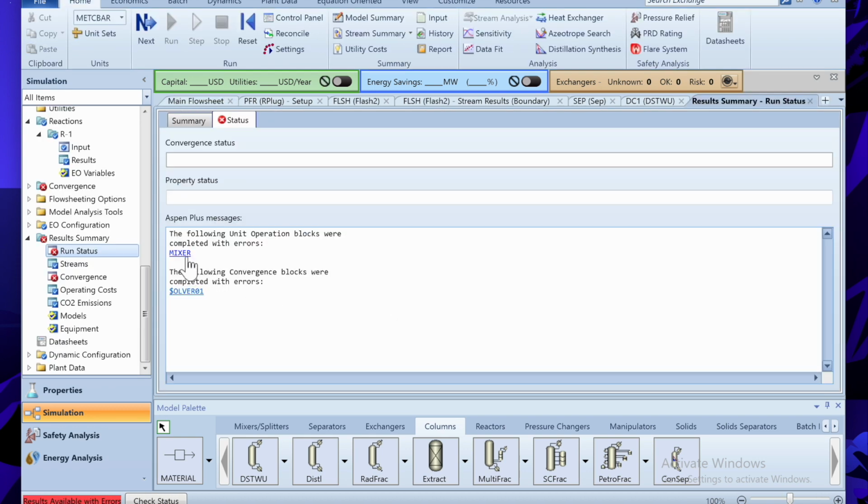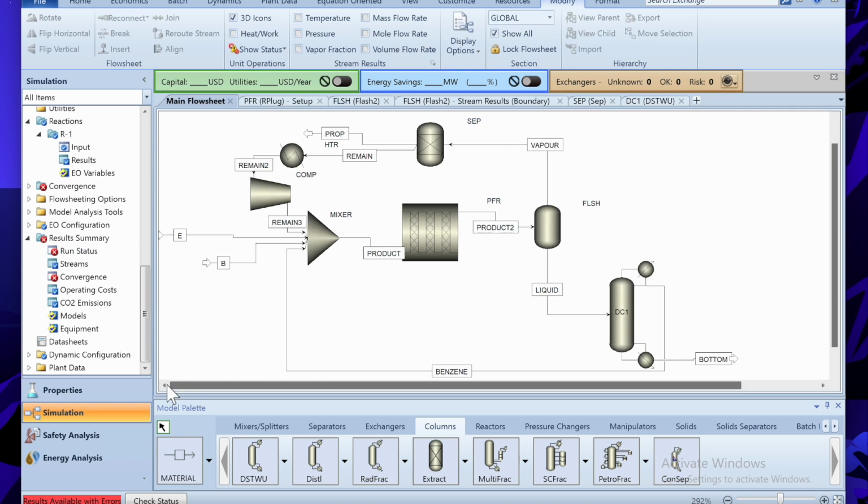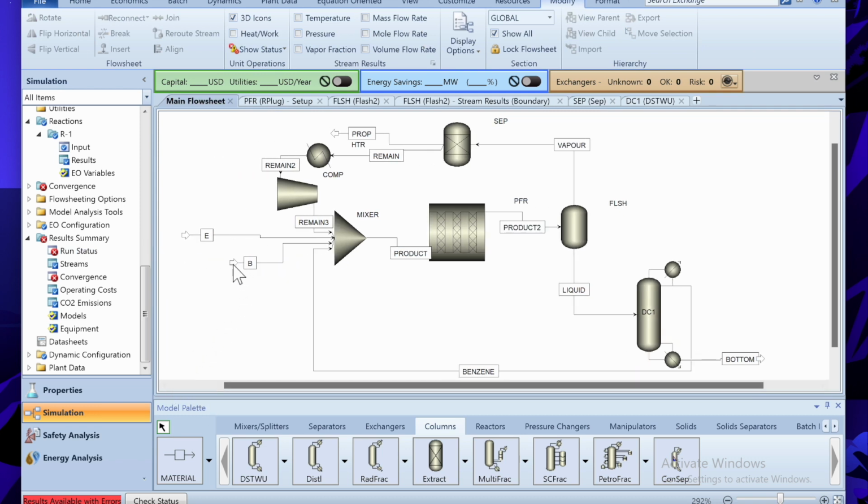The error is at the mixer. I can tell you the error in the mixer is because of the flow rate of this benzene and ethylene stream. So we have to guess a value, or check from the literature which flow rates people have taken.